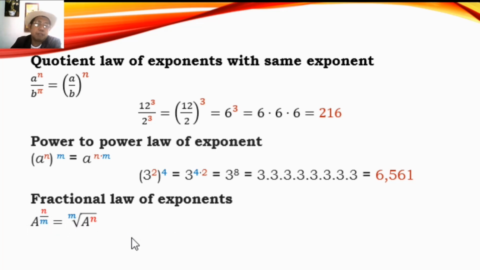So to understand further, let's consider this illustration. I have in here 9 raised to 1/2, meaning my base is 9 and my exponent is 1/2.